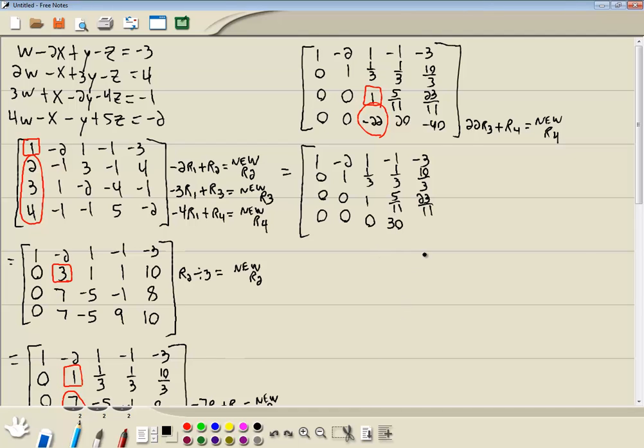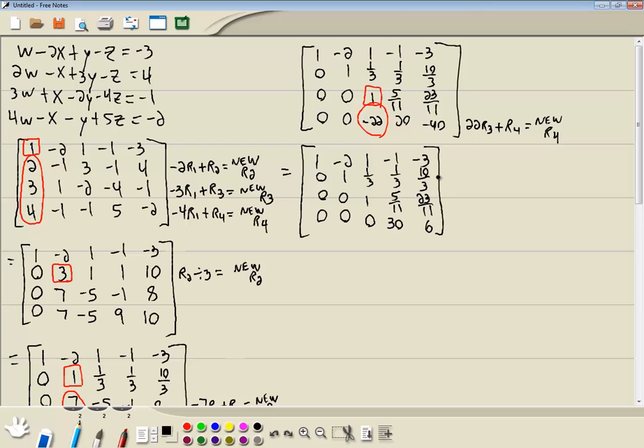Gives us 30. Okay, this is going to come out nice too, I think. But let's see. 22 times 23/11ths minus 40 gives us 6. Actually doesn't come out too nice, it looks like.